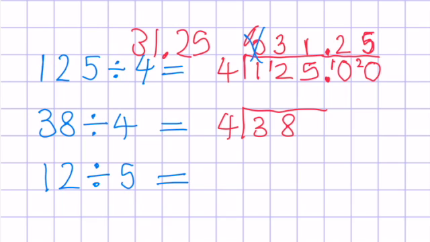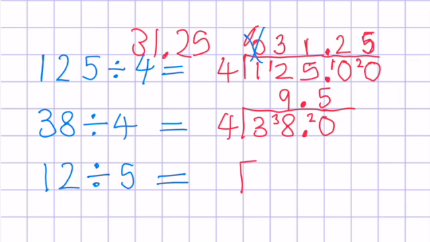We carry the 3 across. 4 goes into 38 9 times because 9 times 4 is 36. And we've got a remainder of 2. So we put our decimal place, there's our 2 and our 0. 4 goes into 20 5 times, so it's 9.5.